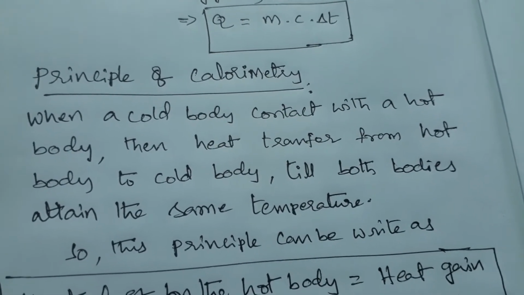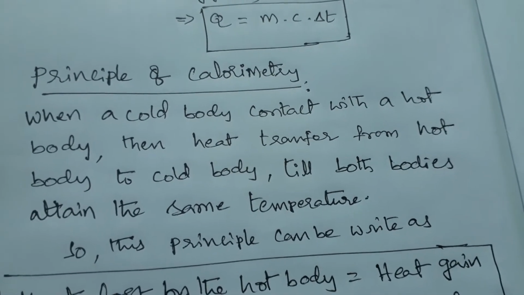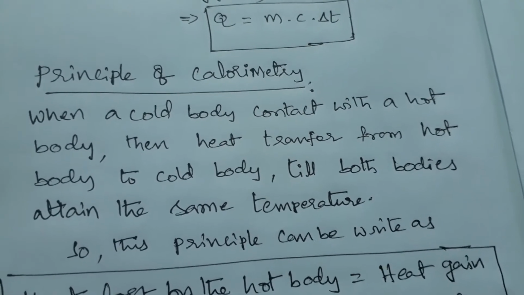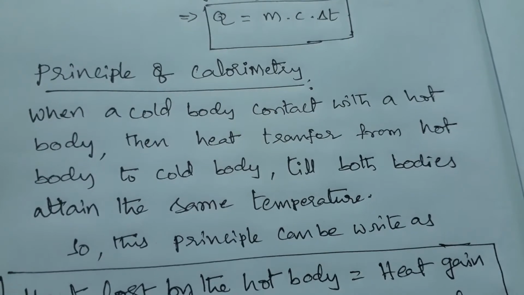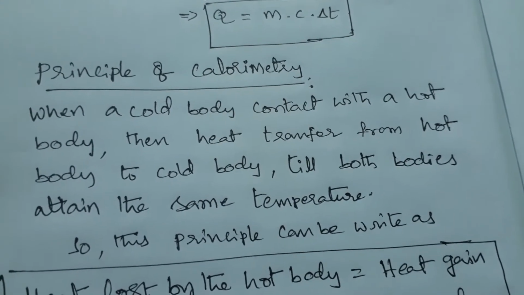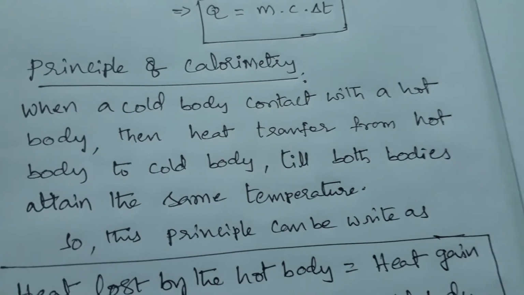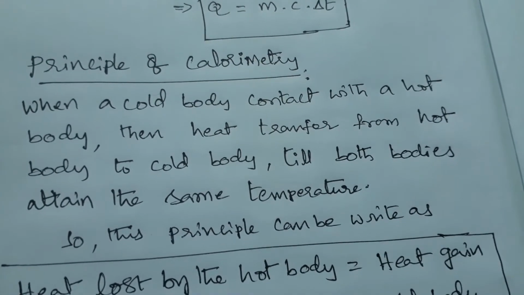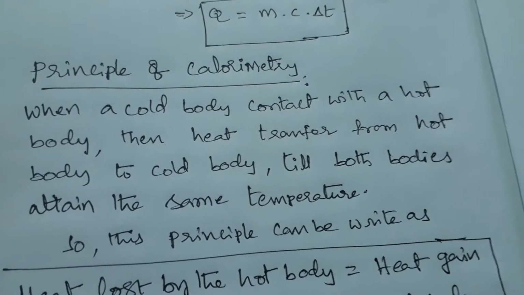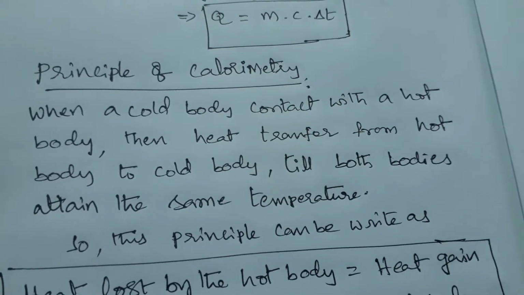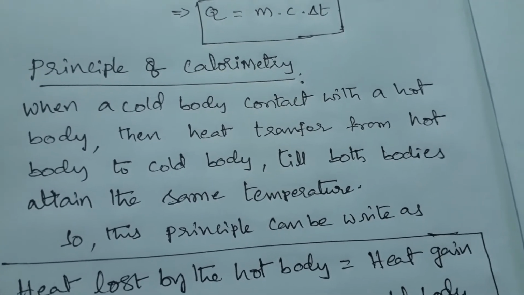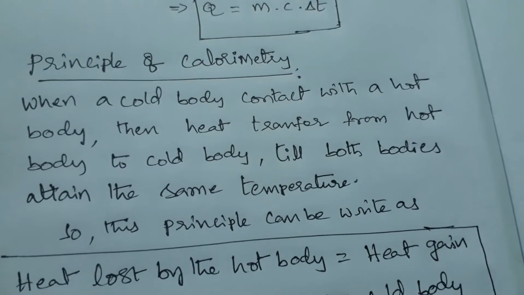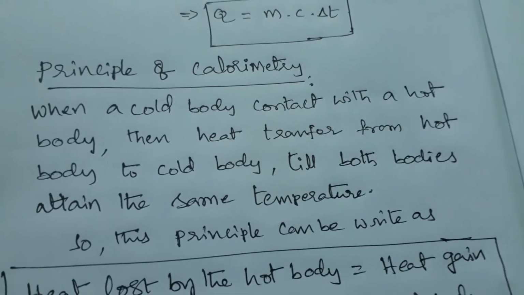Heat transfers from the hot body to the cold body until both reach the same temperature. Once both reach the same temperature, the transfer of heat stops. That means both reach thermal equilibrium. When both reach thermal equilibrium, the transfer of heat stops there itself. This is called the principle of calorimetry.